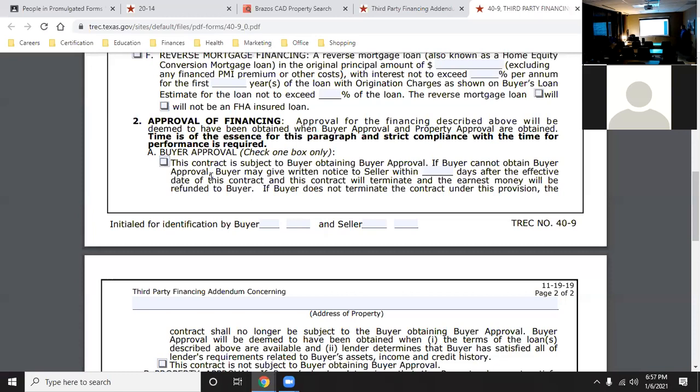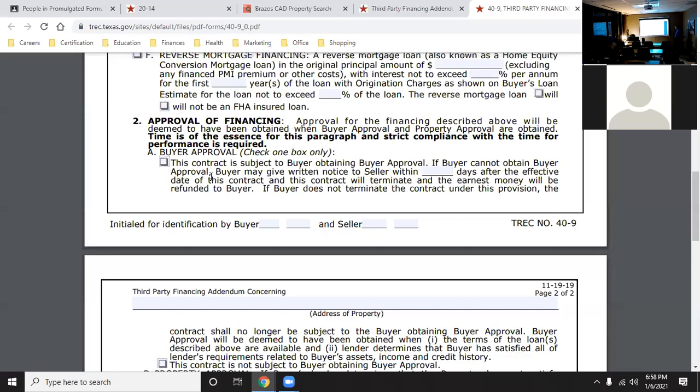If the buyer does not terminate the contract under this provision, the contract shall no longer be subject to the buyer obtaining buyer approval, and the buyer approval will be deemed to have been obtained when the terms of the loan described above are available and the lender determines the buyer has satisfied all lender's requirements related to the buyer's asset, income, and credit history.